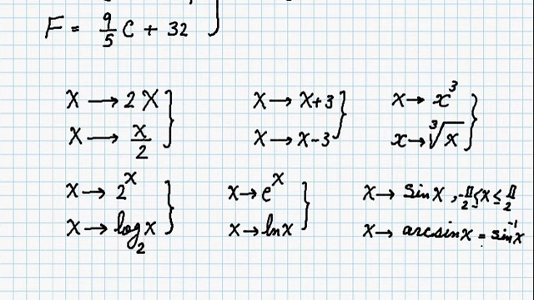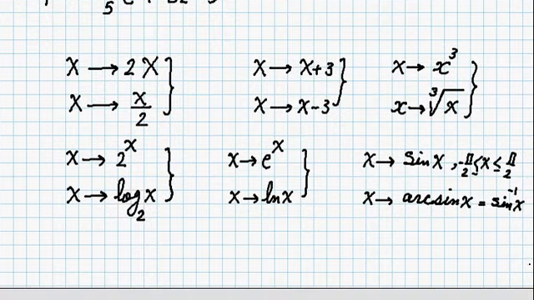Let's go ahead and take a look at one numerical example for inverse functions. Suppose I take a function y is equal to f of x is equal to 2x plus 3. Let's analyze this function.